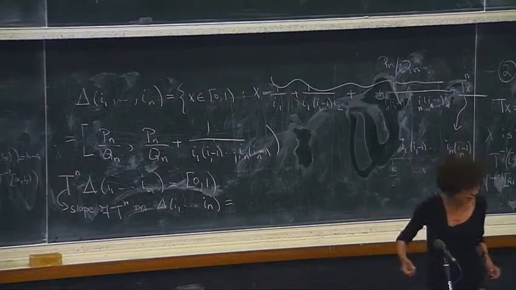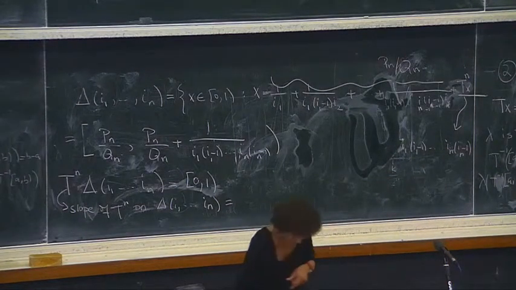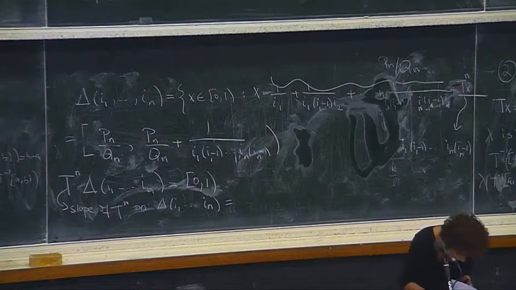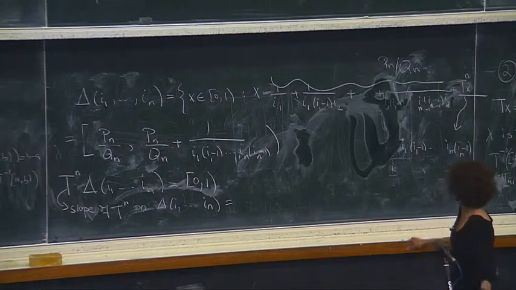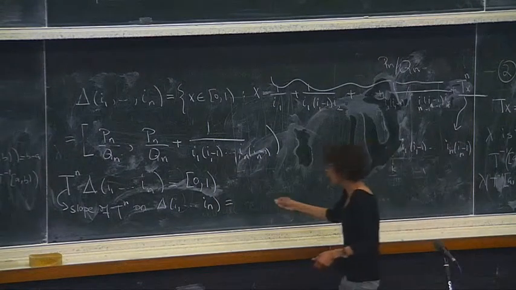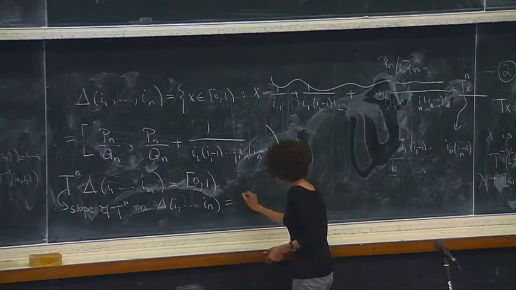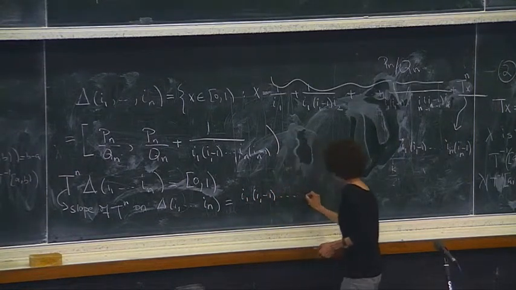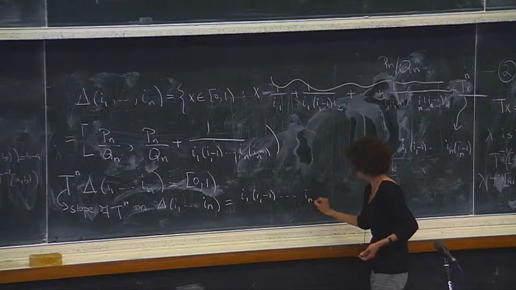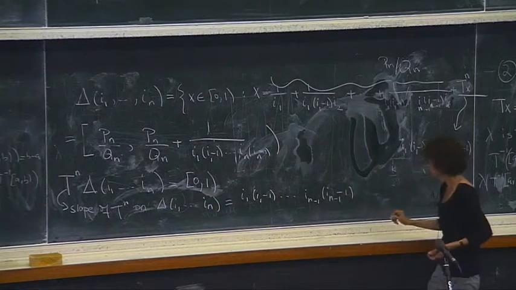Let me see if I'm right. So the slope is I1 minus 1 up to In minus 1, with a minus also, and then In.